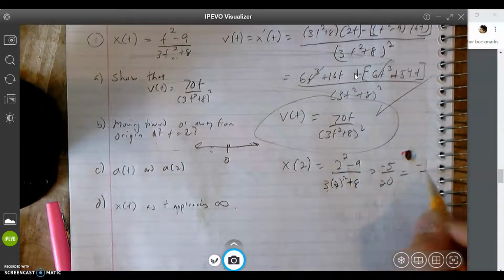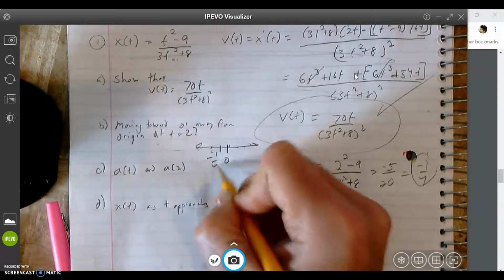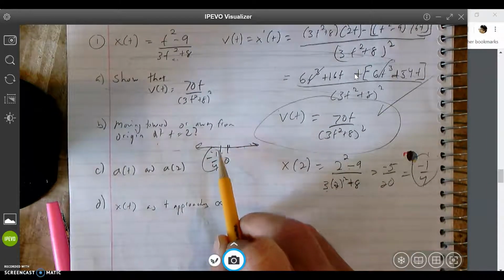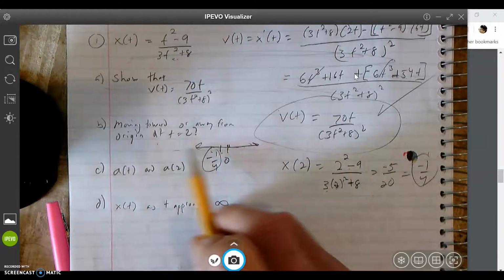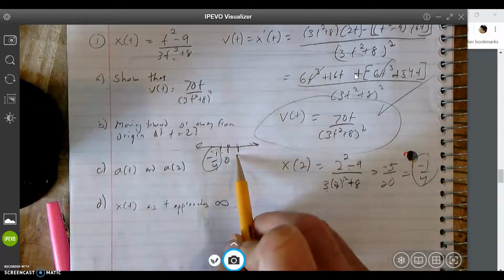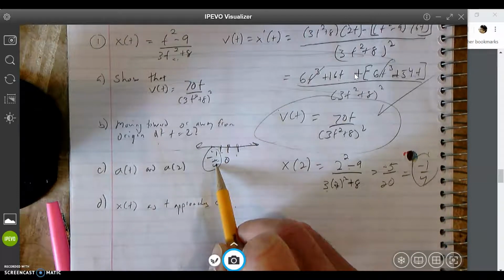So it's negative 1/4. So it's actually right here. So that's where it starts. So if the velocity is positive, it's moving towards the origin. If the velocity is negative, it's moving away. It'd be different if the position was over here to start. But we had a negative position, so we know that it's over here at negative 1/4 on the x.